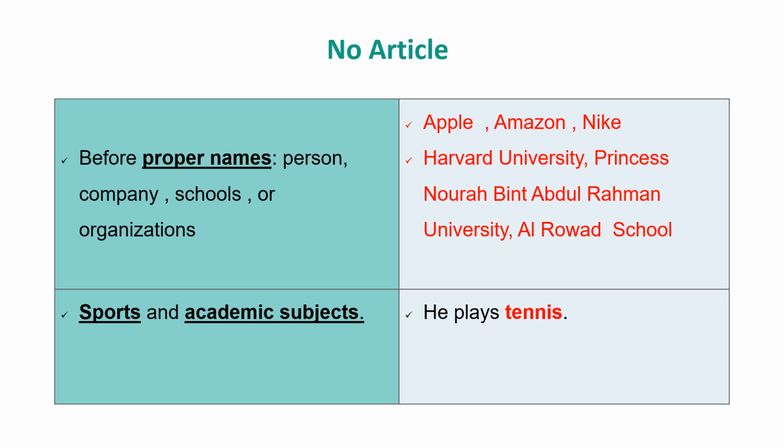For example, Apple, Amazon, Nike, Harvard University, Princess Noura bint Abdurrahman University, and Ruwad School. We also use no article with sports and academic subjects. Like for example, he plays tennis.